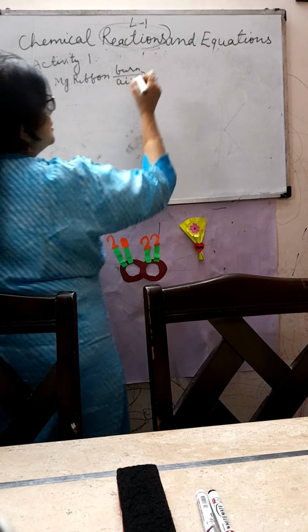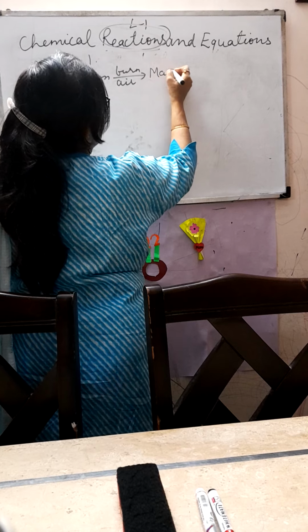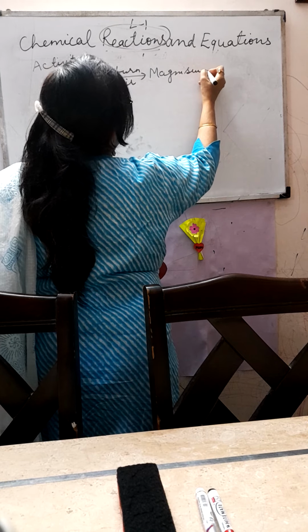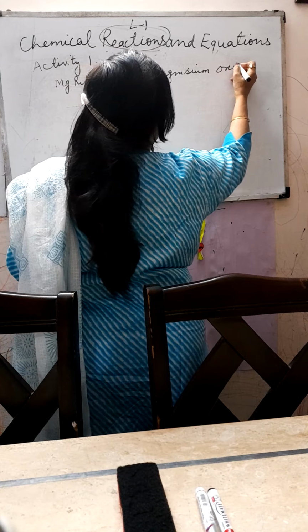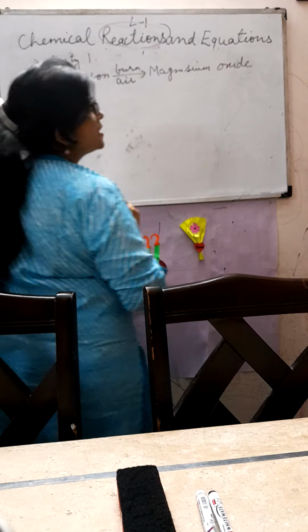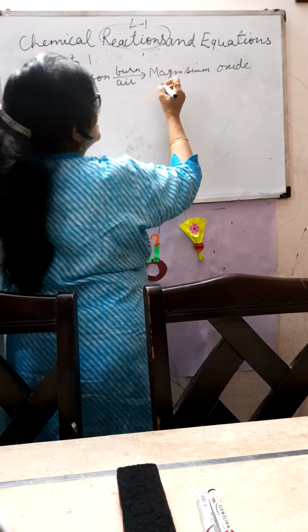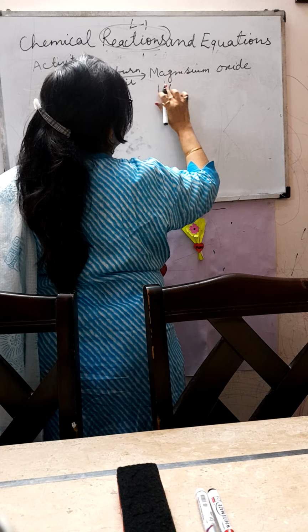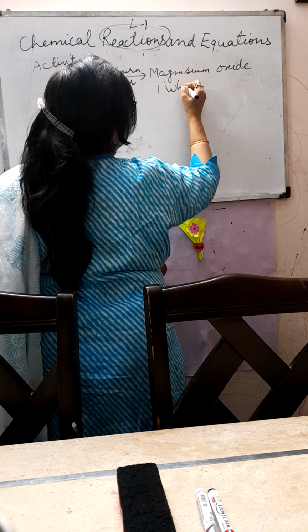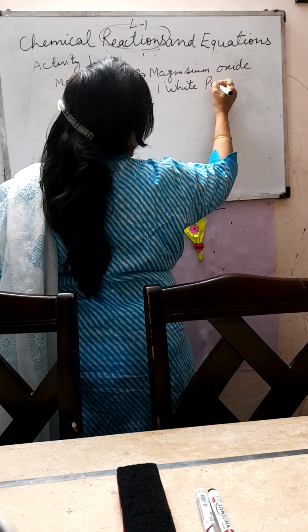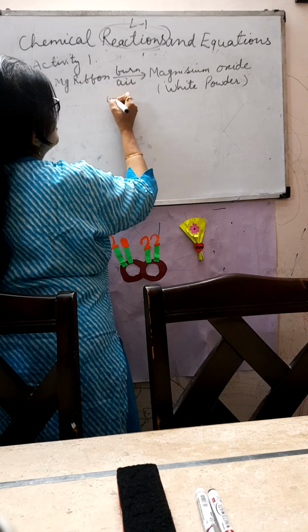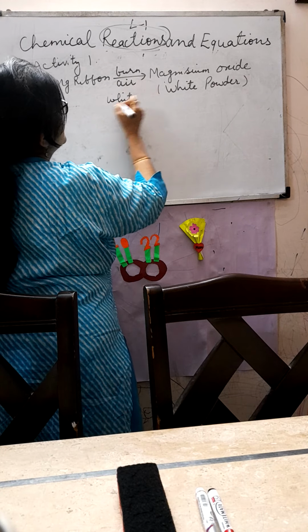What will happen? Magnesium oxide, a new product, a new substance. The color of this magnesium oxide is white. It is a white powder, and it is produced with the production of white dazzling light.